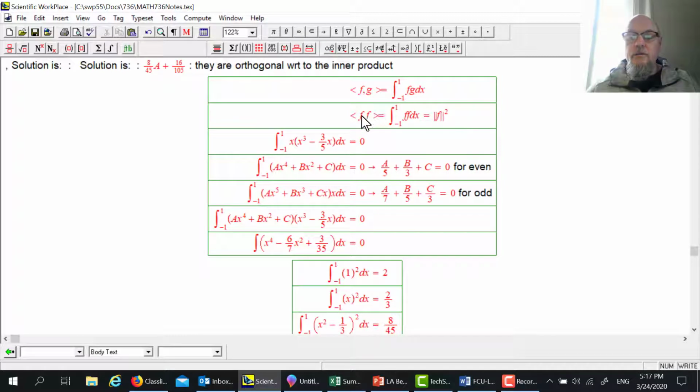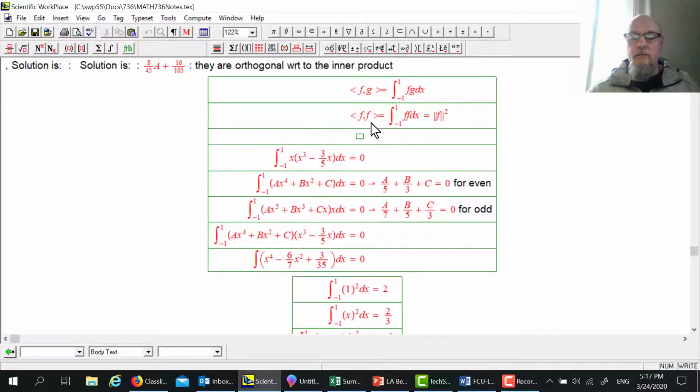So here, to figure out the magnitude of a function, I just dot product against itself and integrate. So for 1, I integrate 1, that's x, 1 minus minus 1, so the polynomial 1 is root 2 units long, so this is the squared size.